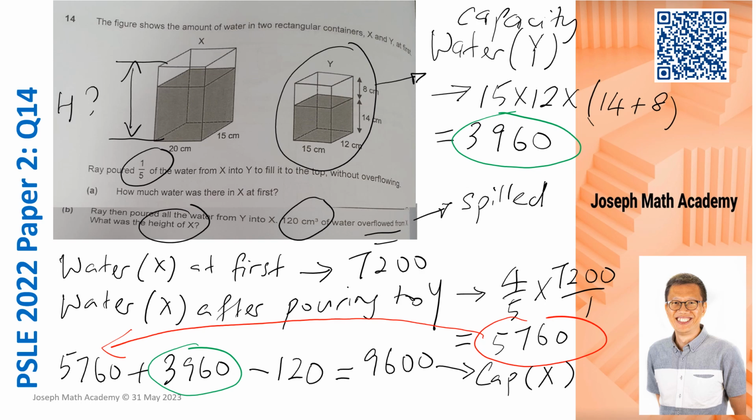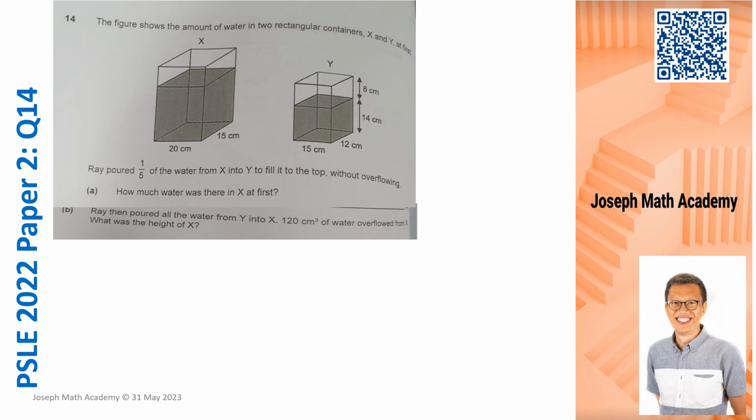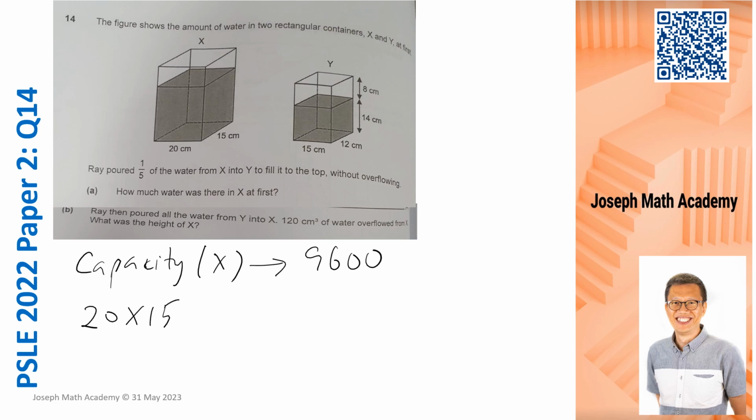I'm going to move on to the next slide. If 9600 ml should be the capacity of container X, capacity of container X means when X is totally full, which we have already found in our previous slide is 9600. That means length times breadth times height of container X should be 9600.